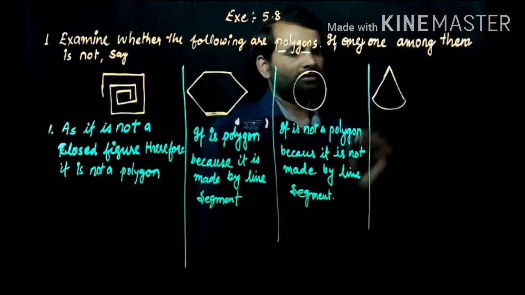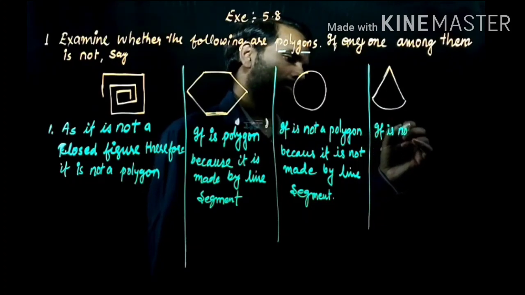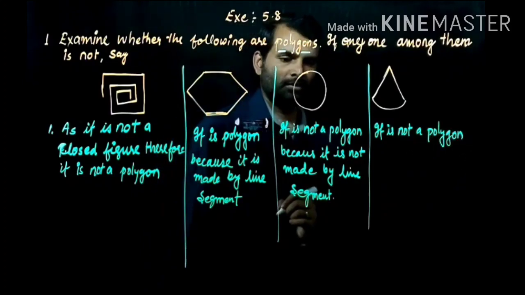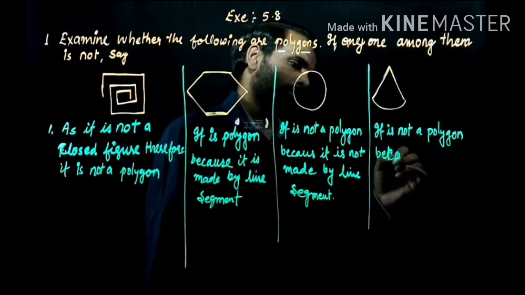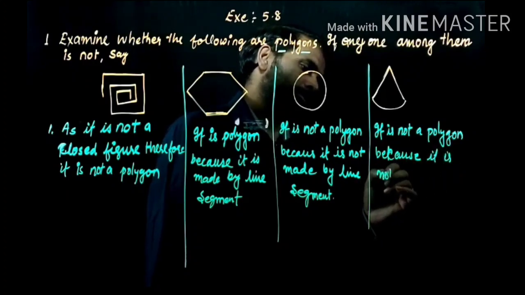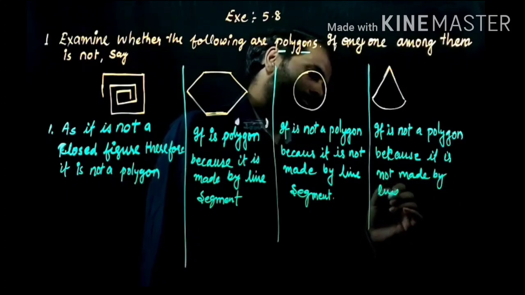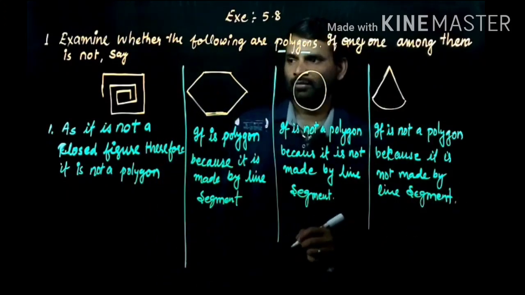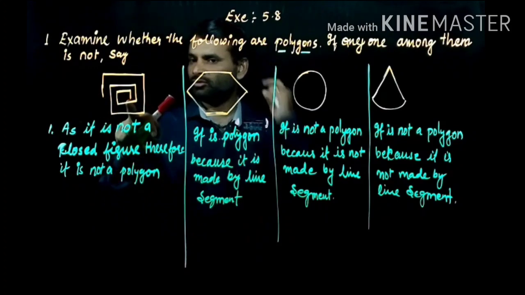So as the down side is a curve, it is not a polygon, because it is not made by line segments.